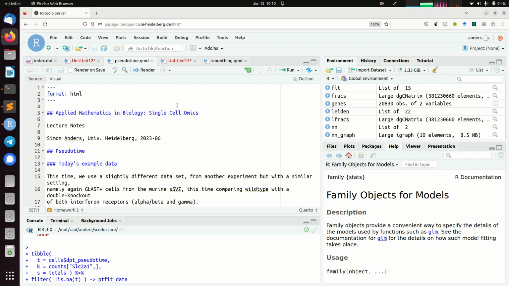No. Okay, I can. Maybe it switched on the wrong input or something.